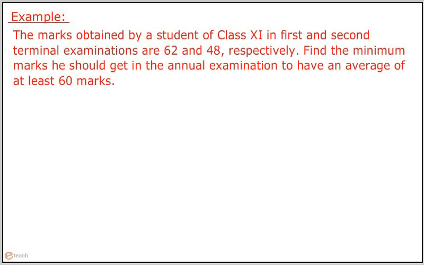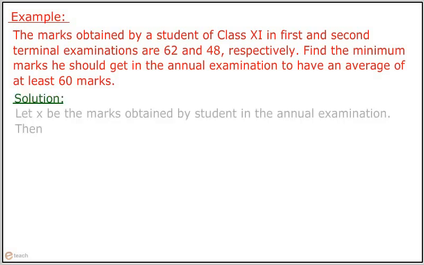Let us take another example. The marks obtained by a student of class 11th in first and second terminal examinations are 62 and 48 respectively. Find the minimum marks he should get in the annual examination to have an average of at least 60 marks. Let us see the solution. Let x be the marks obtained by the student in the annual examination.